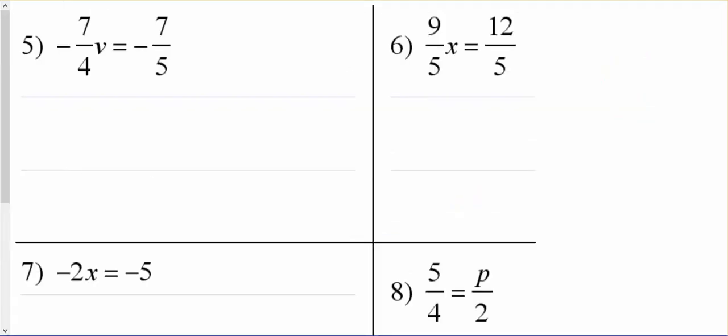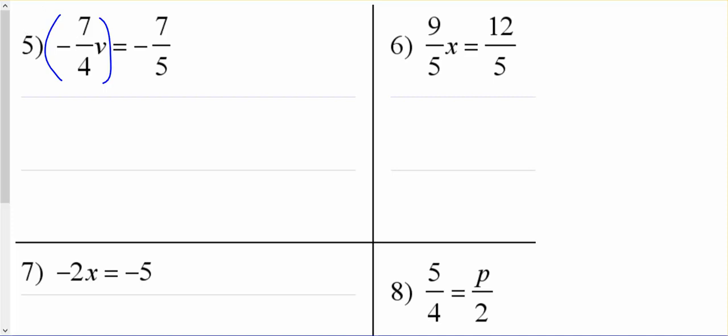So this is going to be a little bit difficult to see, but try your best. So the reciprocal of negative 7/4 is negative 4 over 7. So we're going to multiply both sides by negative 4 over 7. That simplifies out. That's the whole reason why we're doing it.